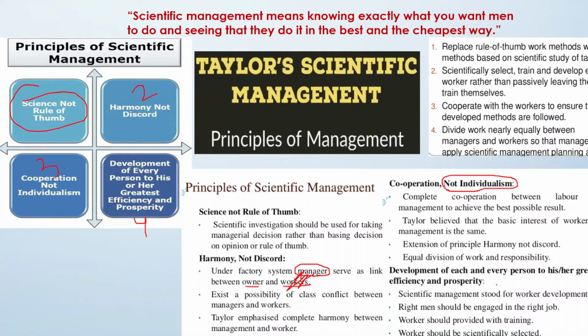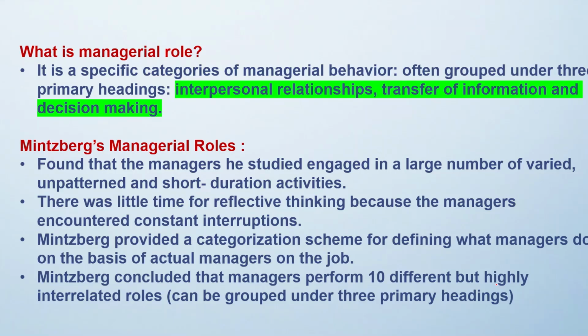Okay, so Taylor is also saying something similar to those 14 principles of Fayol. But here everything has to be in a scientific manner. So both the principles are important. Please read them thoroughly and try to remember.